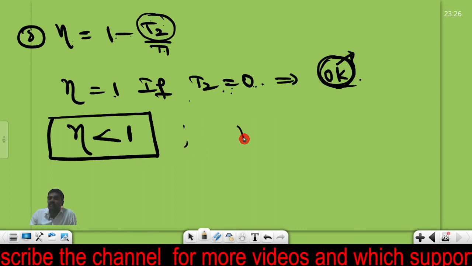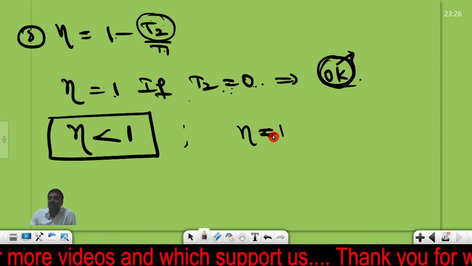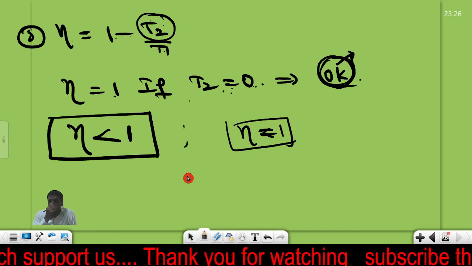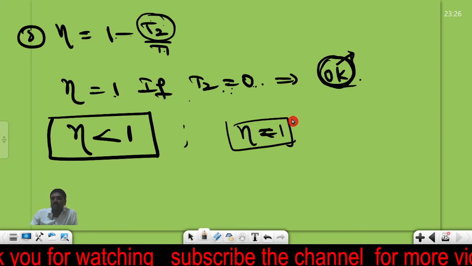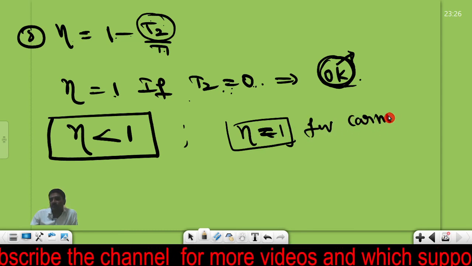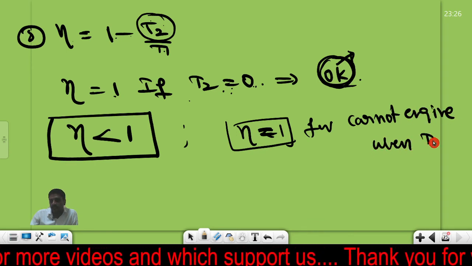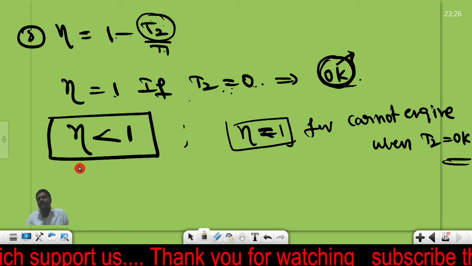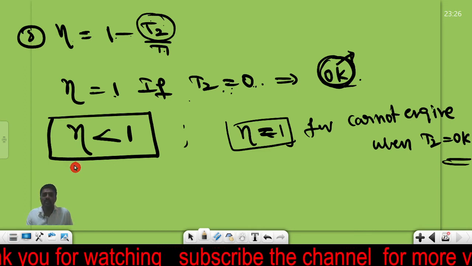So the Carnot heat engine efficiency may be equal to 1, but for all other heat engines the efficiency will be lesser than 1. So eta is equal to 1 for the Carnot heat engine when T2 is equal to 0 Kelvin. For all practical heat engines, this value cannot be reached.